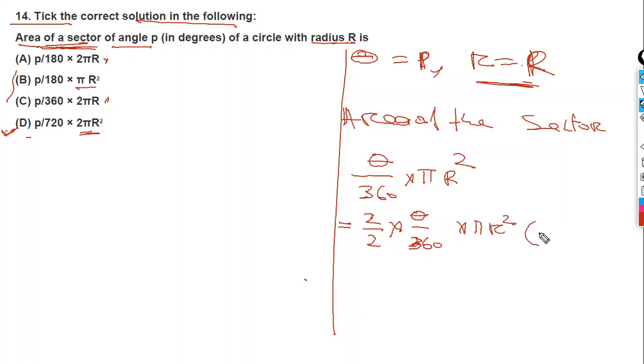Multiply 2 by 2, which will be equal to, now this theta and this 2 can be multiplied with pi, so it will be 2 pi r square. Look at it here, 2 pi r square. And here 360 into 2 will be 720.